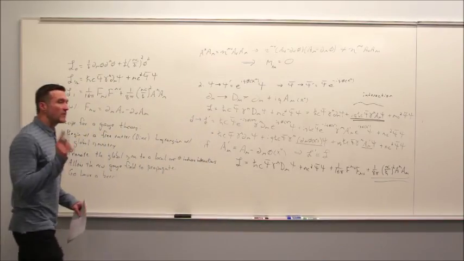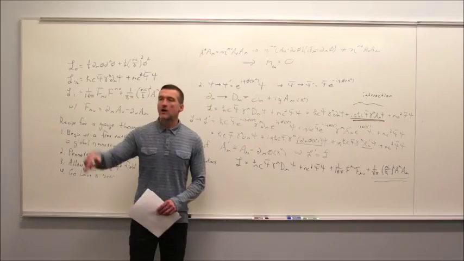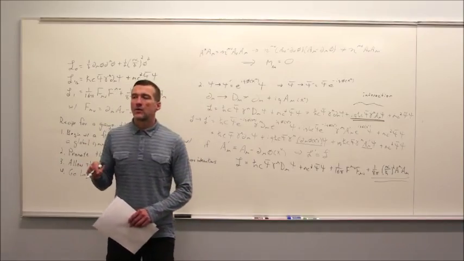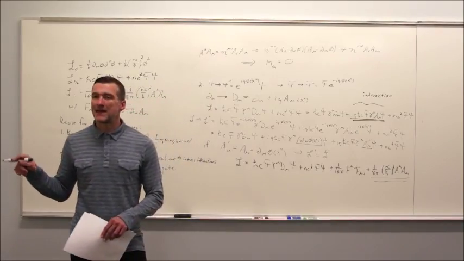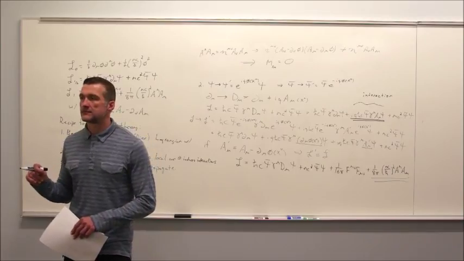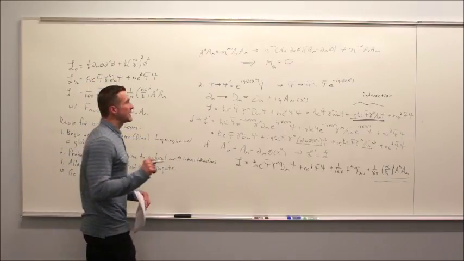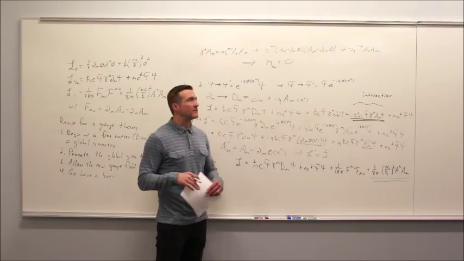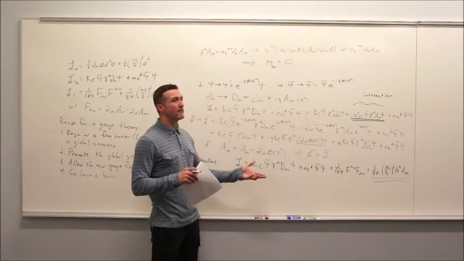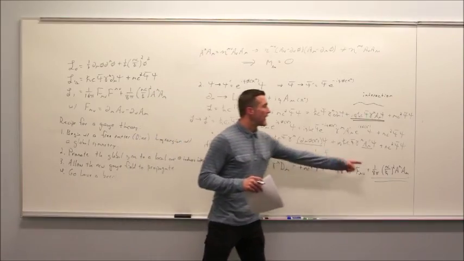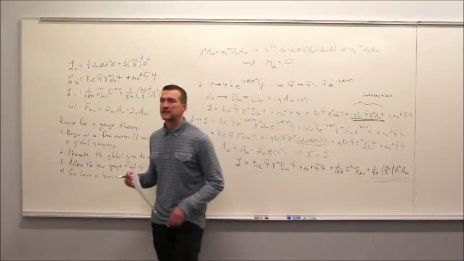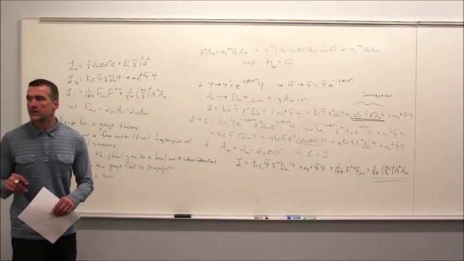Now that's an incredibly important observation because later on we'll discover that when we look at the real world, we see massive gauge fields. And it's going to be very tricky to figure out how you can have massive gauge fields without screwing this up. And that is, of course, where the Higgs miracle is going to come into play.